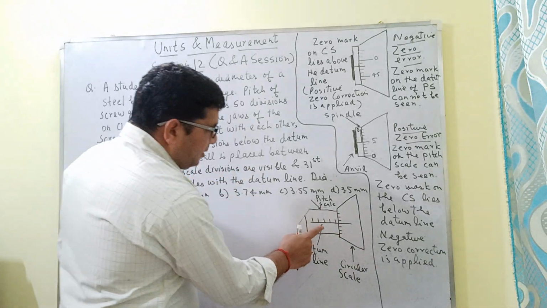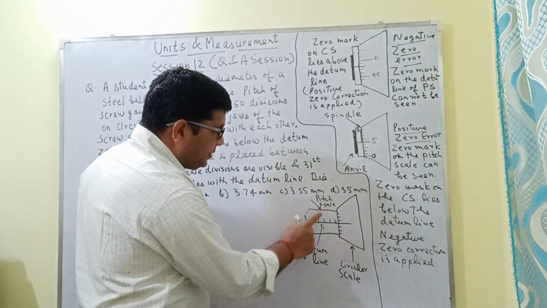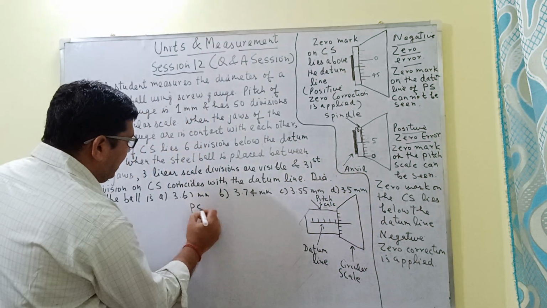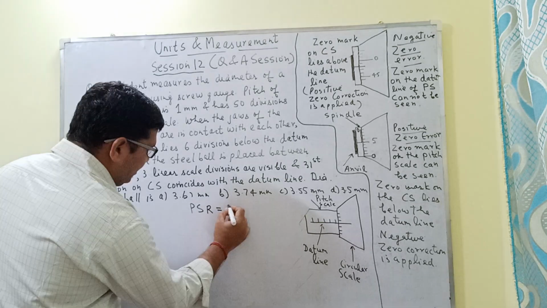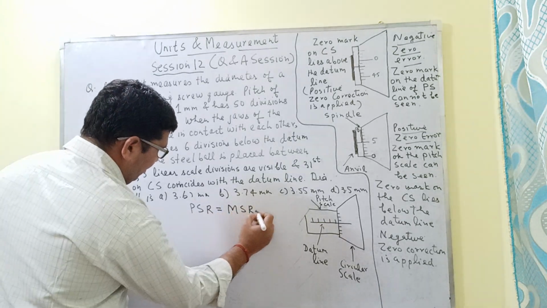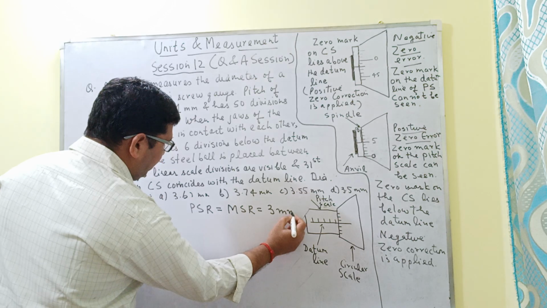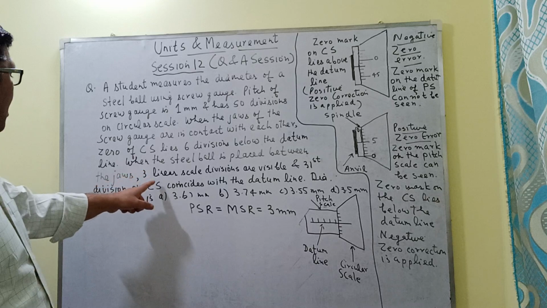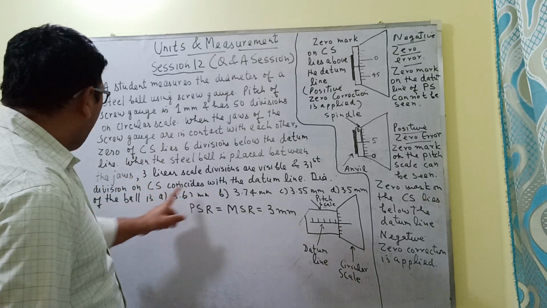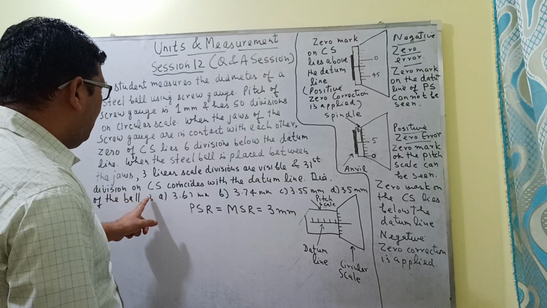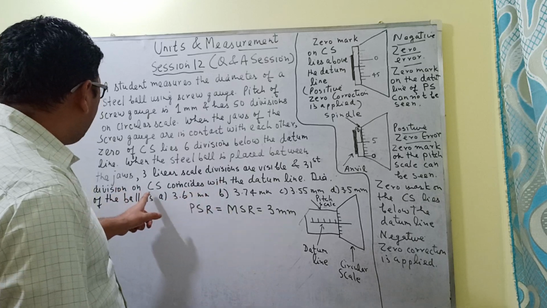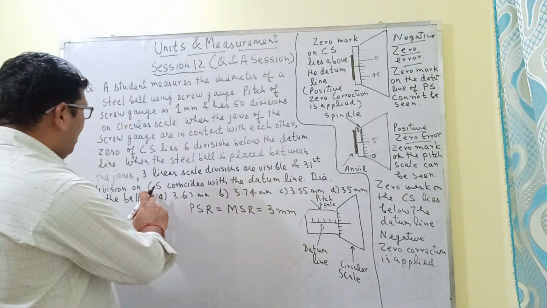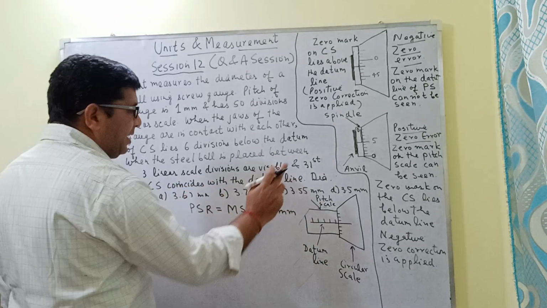That is, 3 divisions on this pitch scale are visible, so the pitch scale reading, also called the main scale reading, will be equal to 3 mm. ठीक है, and the 31st division on the circular scale coincides with the datum line.